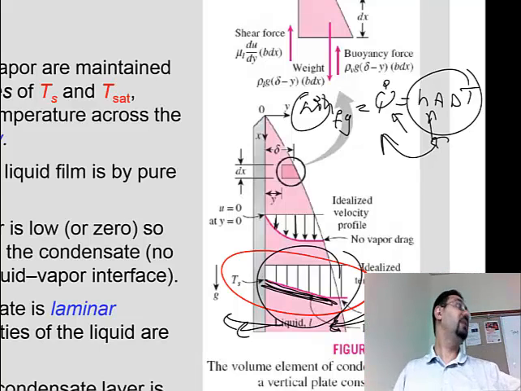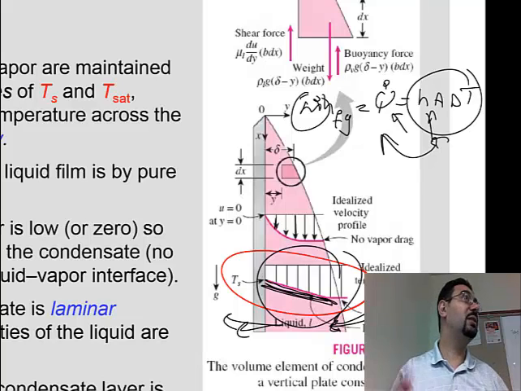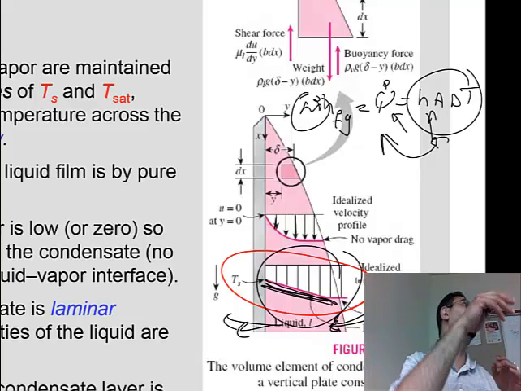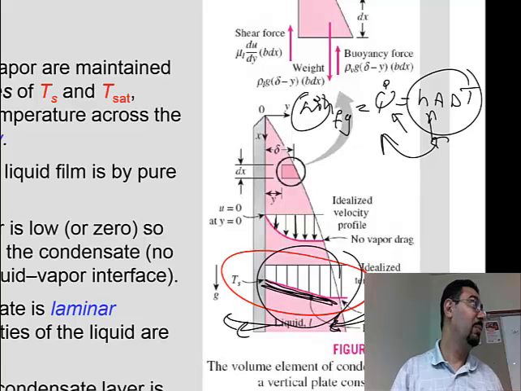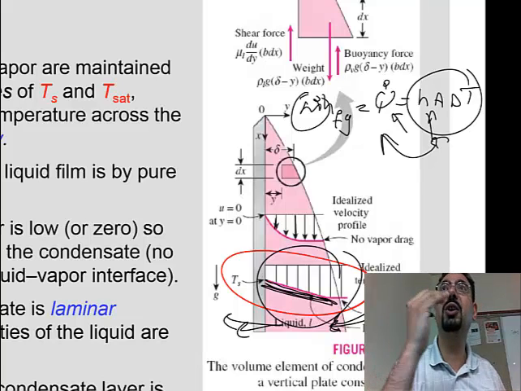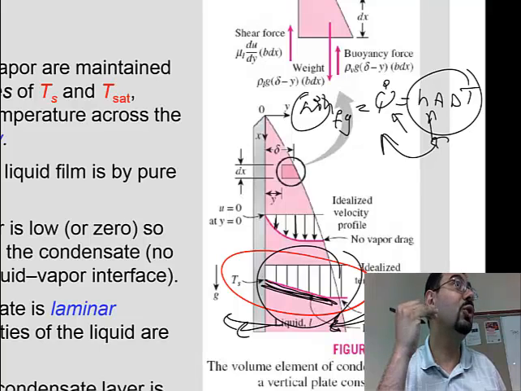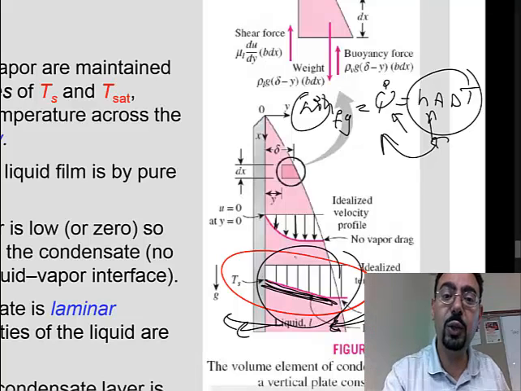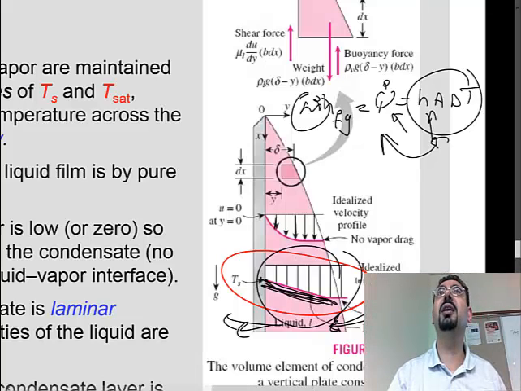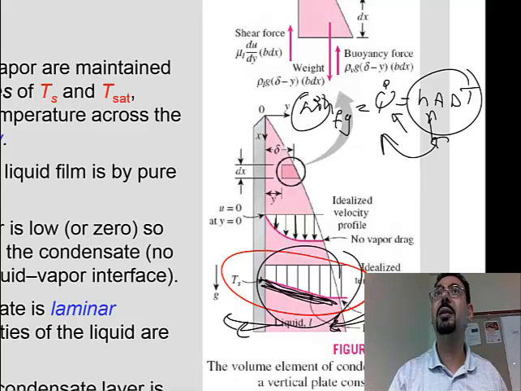Q is minus K multiplied by dT dx. That's how we eventually turn it into Q is delta T over R. But originally, the Fourier law was Q is minus K partial T partial X. So knowing the gradient of the temperature, you multiply this by K, you get the Q. Right?